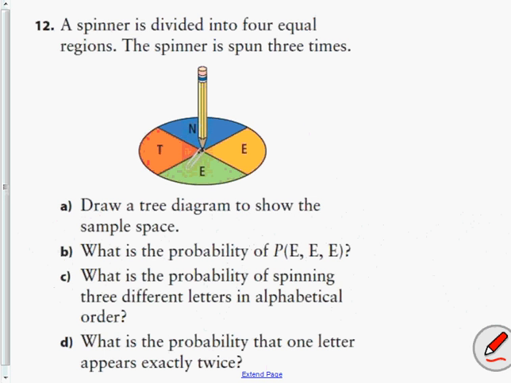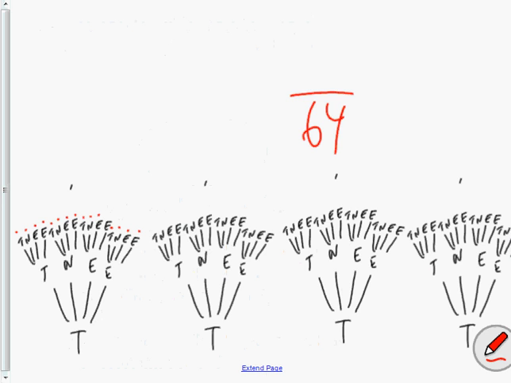I can't even remember what the question is anymore. It says, what is the probability of P? Oh, sorry, that's not P. That's E-E-E. So if I go back and look at the E-E-E, the probability of an E, oh, I made a mistake here. This is supposed to be an N here, and an E here, and an E here.